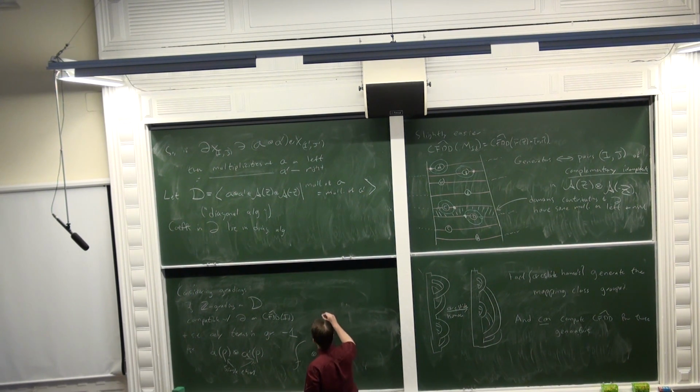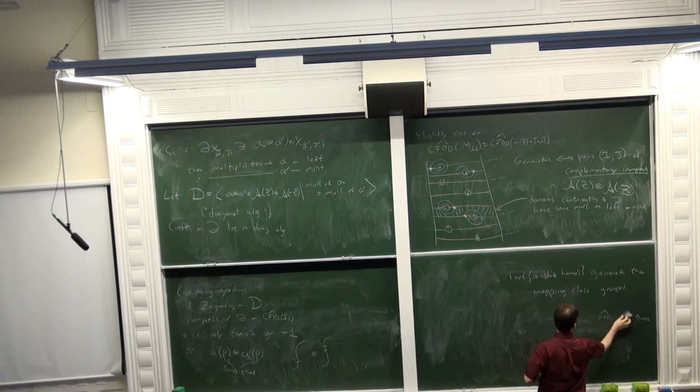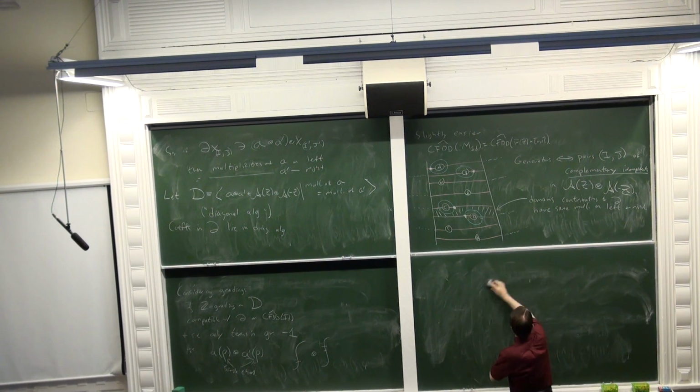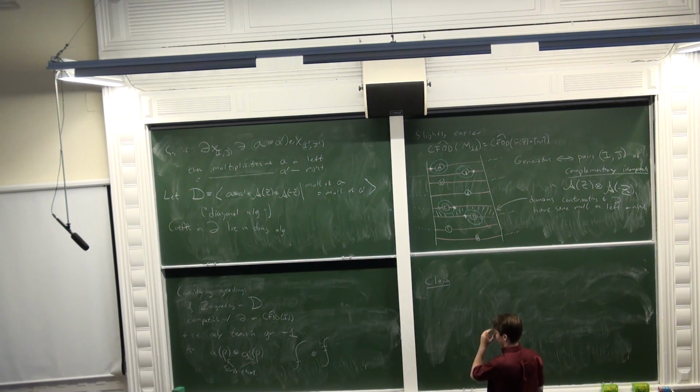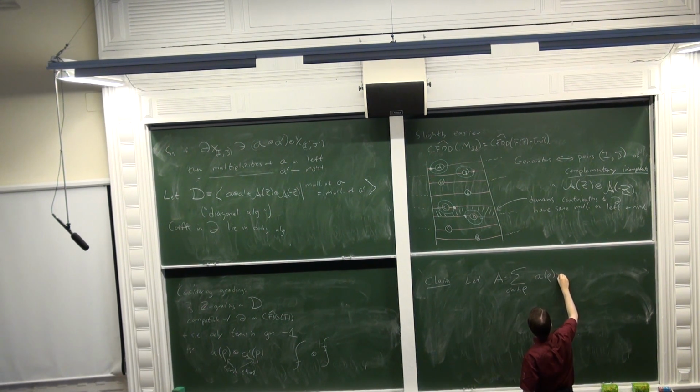Okay. The differential, so let's let A be the sum over chords rho of A of rho tensor A prime of rho.